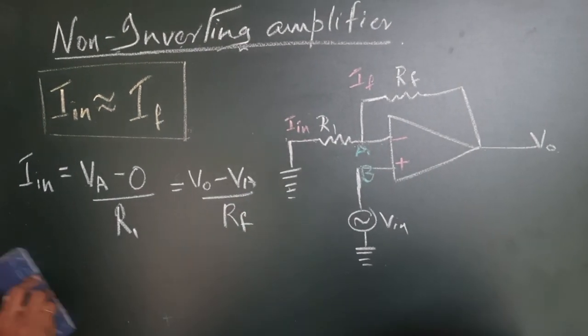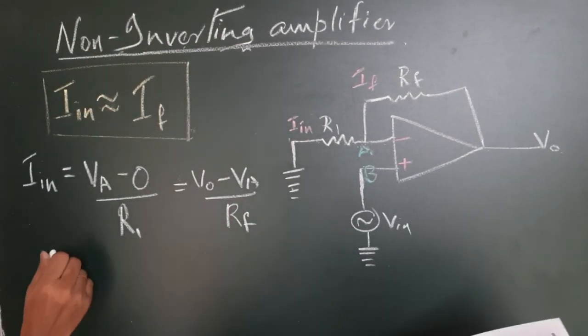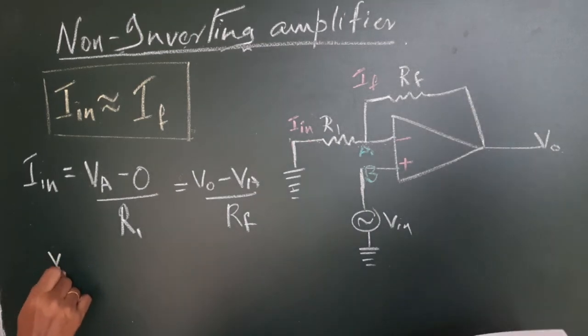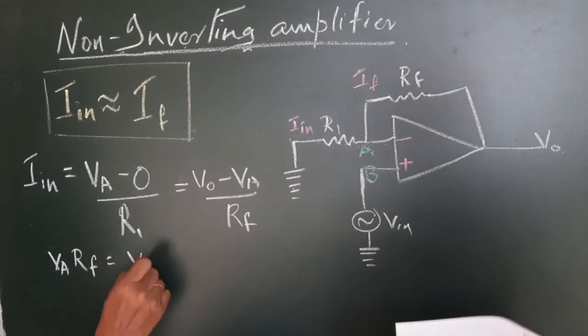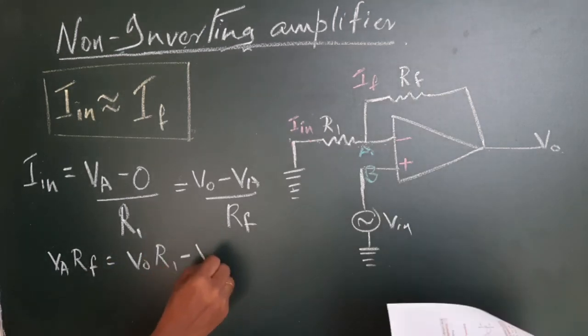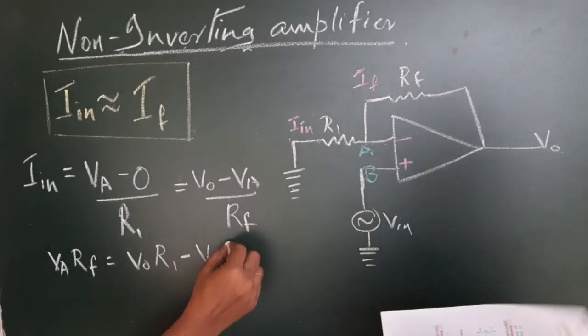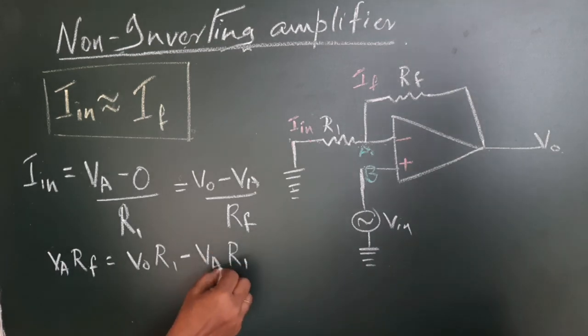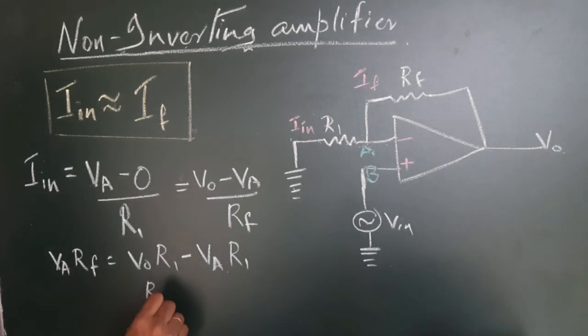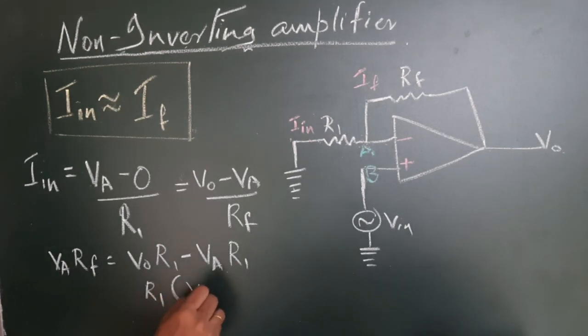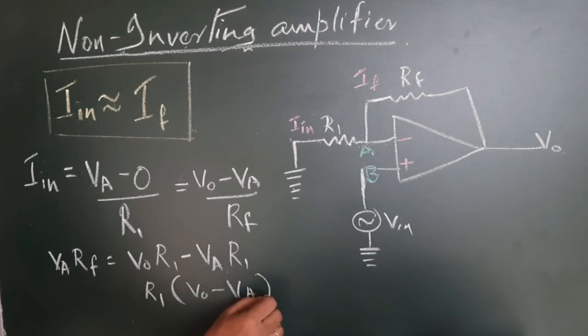Let us try to rearrange this equation. So what will you get? VA into RF is equal to V out into R1 minus VA into R1. We will take the common factor R1 out, so R1 times V out minus VA.